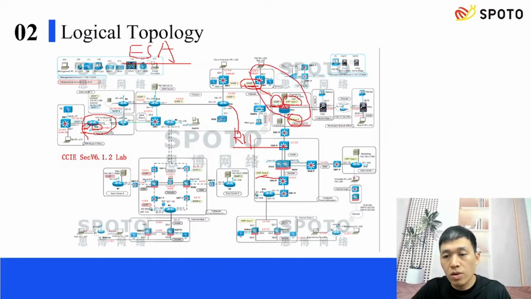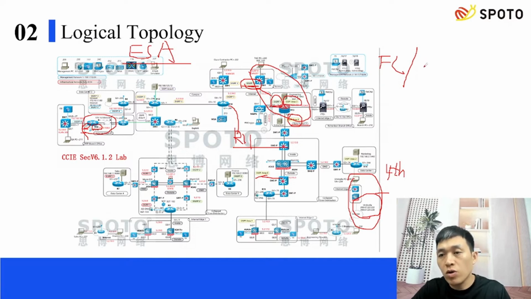Fourth, they add Umbrella content here for DNS security. The fifth one is they removed Stealthwatch. There is no Stealthwatch content in the new version.